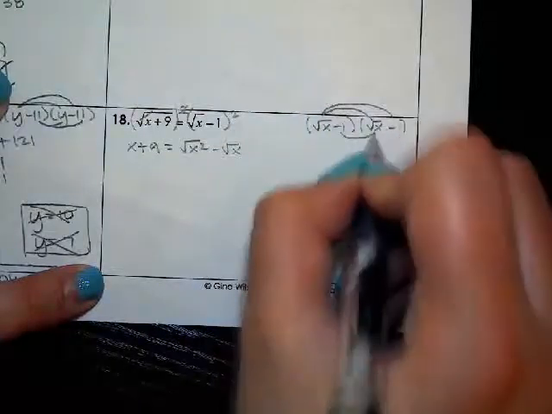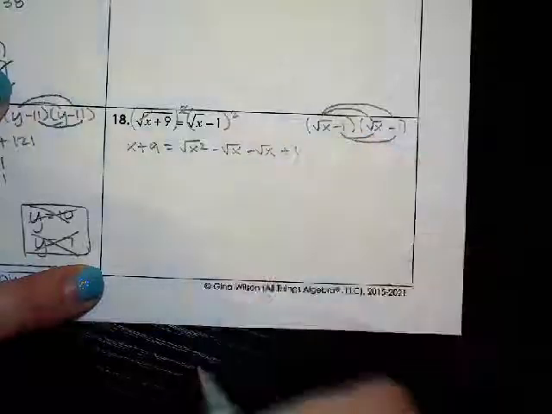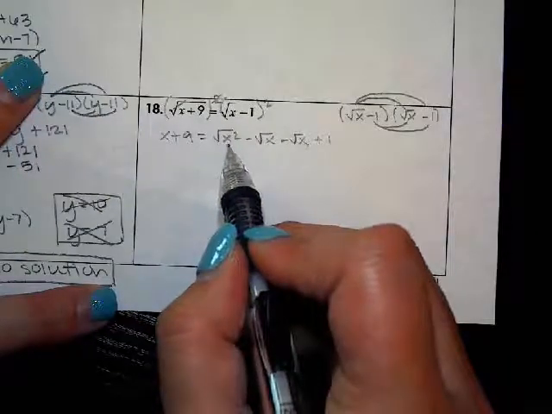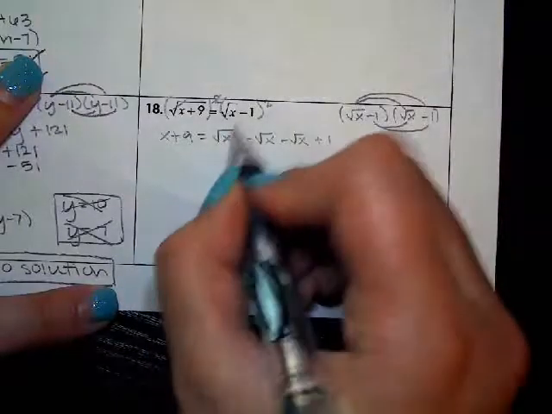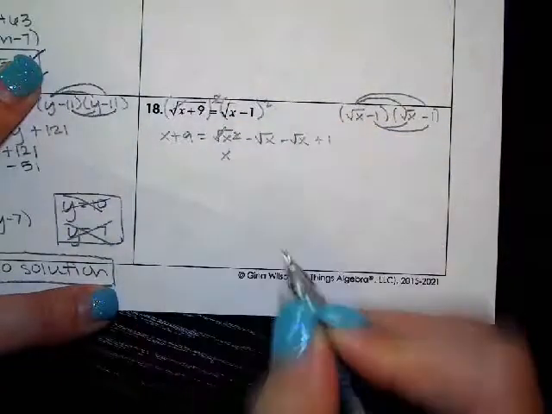So root x squared, the squared and the root, they cancel. So that's just an x. And then we got root x and root x, that makes minus 2 root x plus 1.